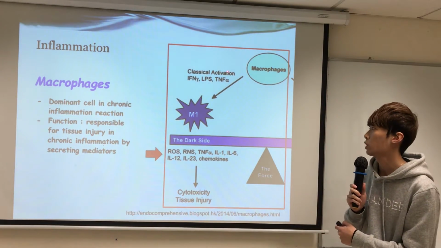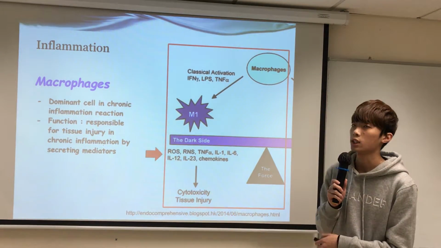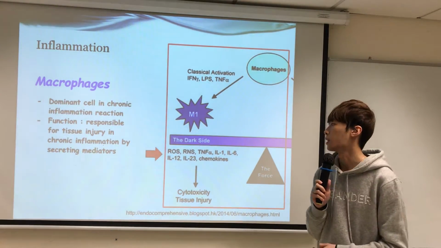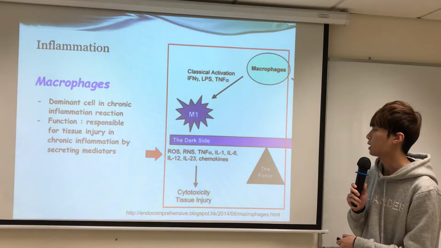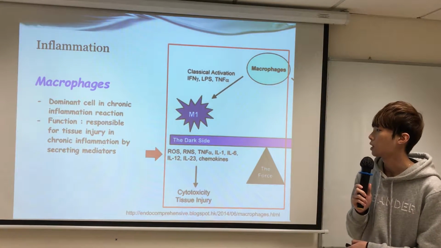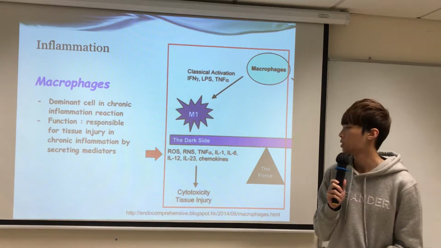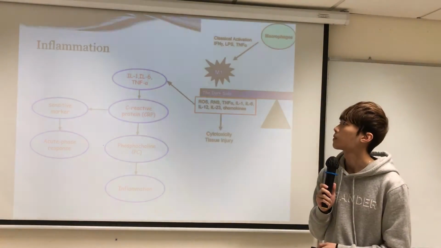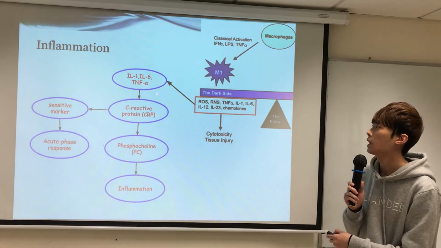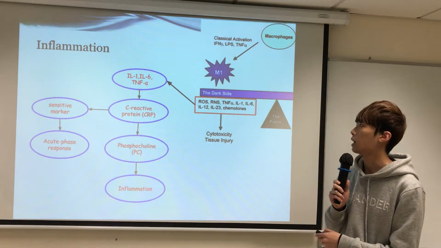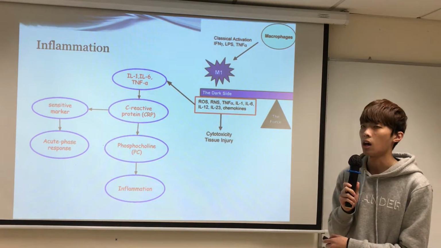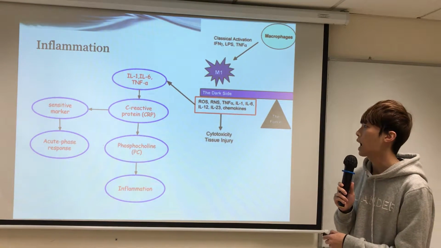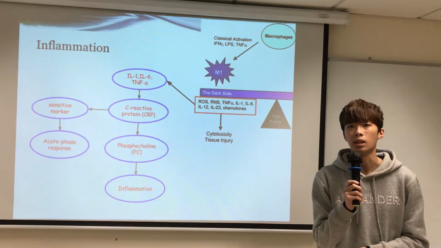First of all, the macrophages will undergo classical activation to become activated M1 macrophages, which will release some cytokines, some TNF-alpha factor, or some chemokines to promote the inflammation. So we have talked about IL-1, IL-6 as cytokines and TNF-alpha, which will upregulate the CRP, the C-reactive protein, in the liver.